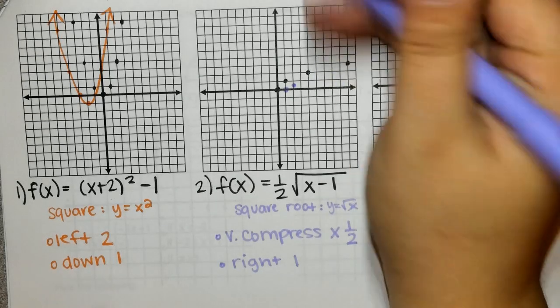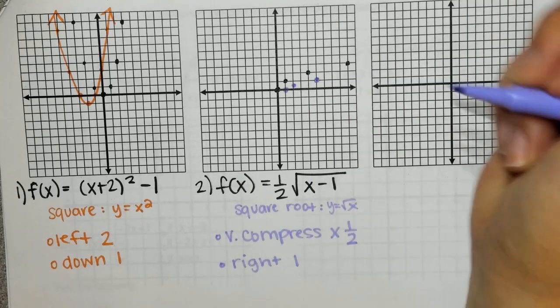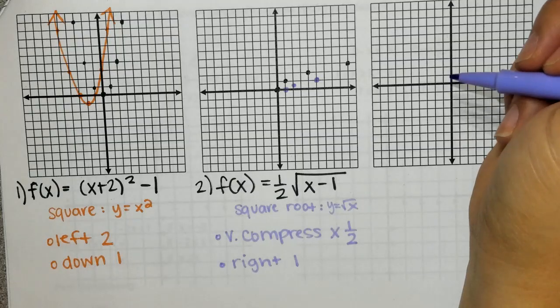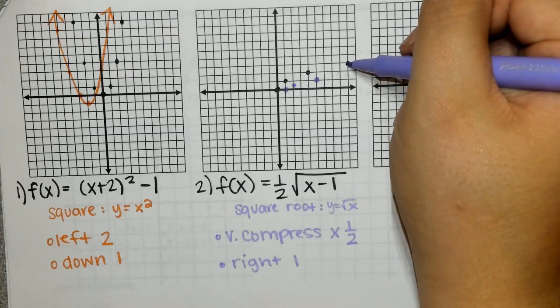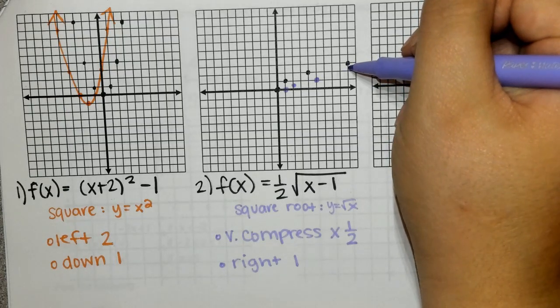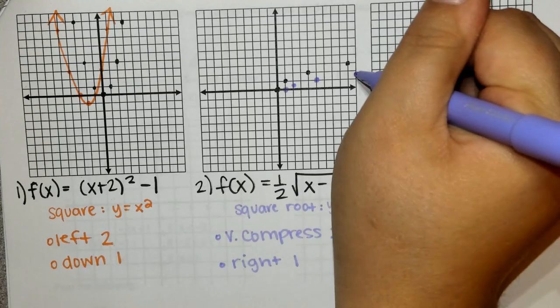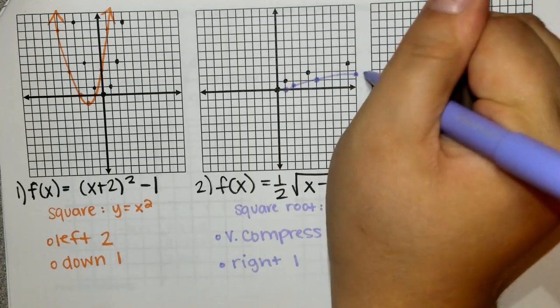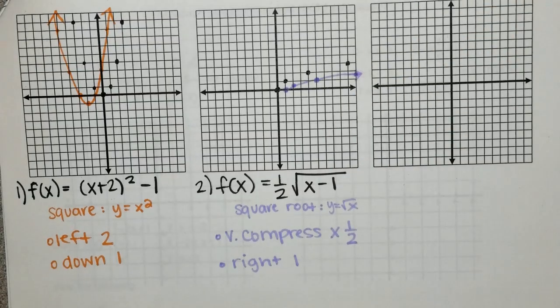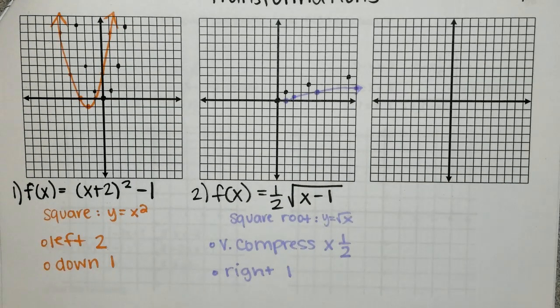Half of 2, and go right 1. Half of 3, 1.5, and then go right 1. Again, I just took the y values and multiplied whatever that y value was by half.